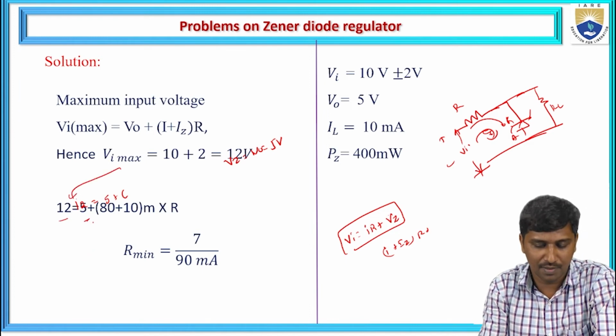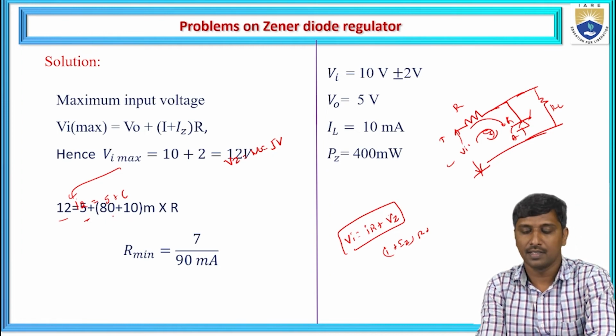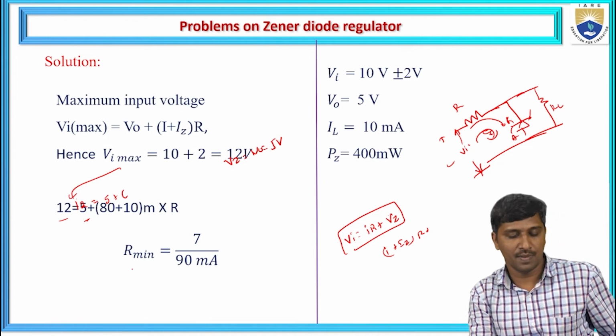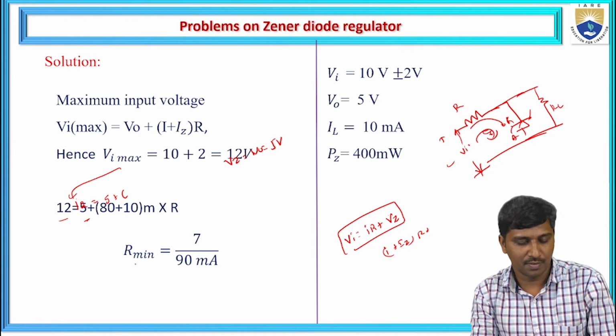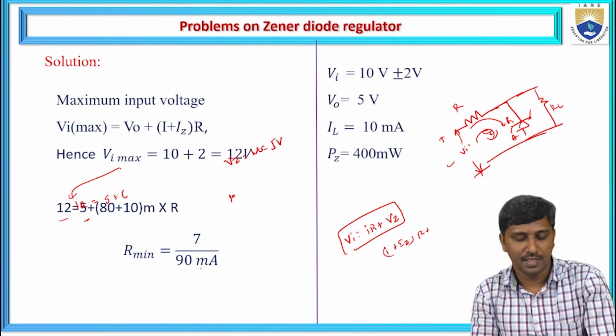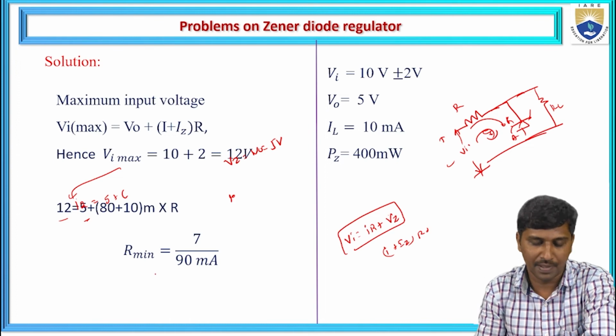This is V naught, 5, plus I plus IZ. Here IZ is 10 milliamperes, and I is 80 milliamperes into R. So now we need to calculate this R minimum. So R minimum is 12 minus 5, that is 7, divided by 90 milliamperes.